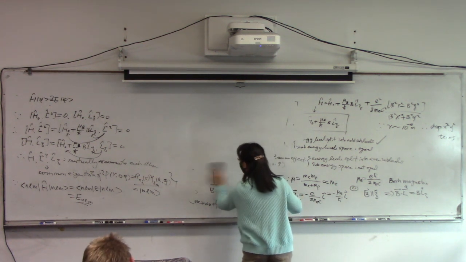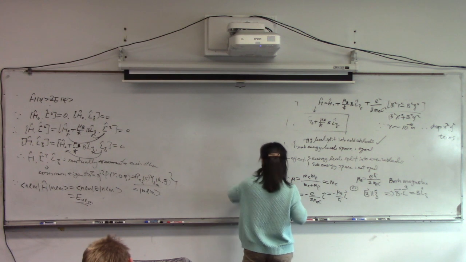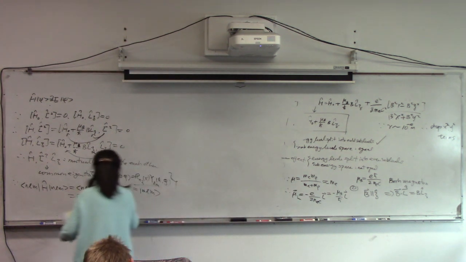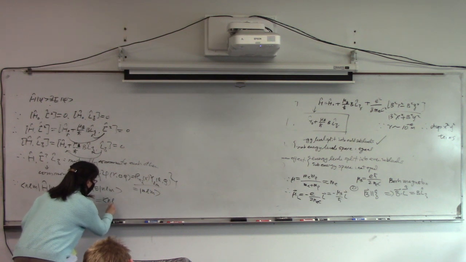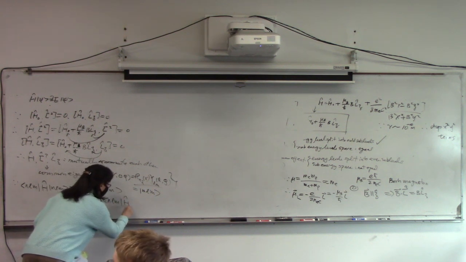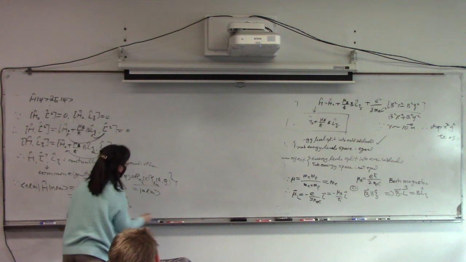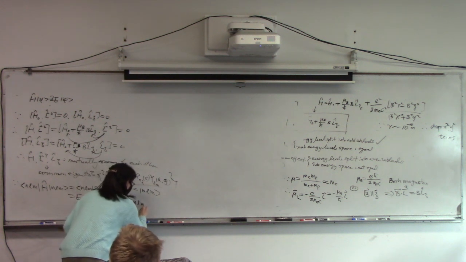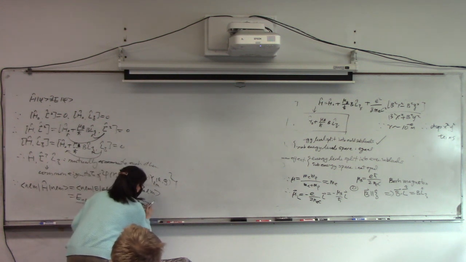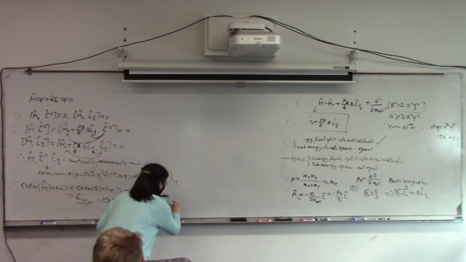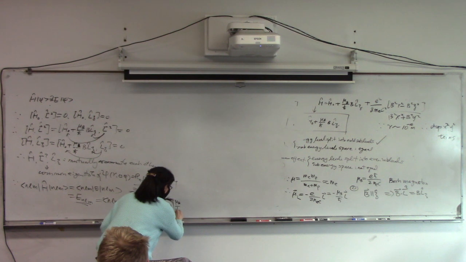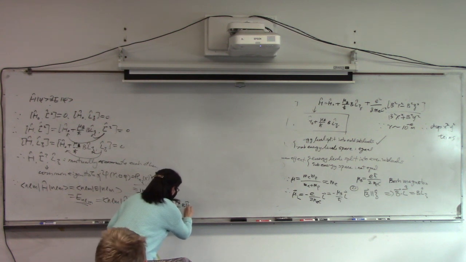So now let's look at this one. This equals the left-hand side, right? The left-hand side is bra n L m, H naught, right? The Hamiltonian has two terms, right? Ket n L m, plus the second term, bra n L m, mu B over h bar B LZ, ket n L m.